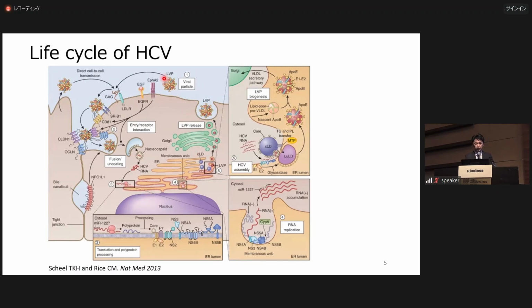The lipoviral particle attaches on the surface of the hepatocyte and enters into the cytoplasm, and HCV RNA is released and translated and packaged and then released. There are several steps of the replication, and the RNA replication step is the main target of antivirals.